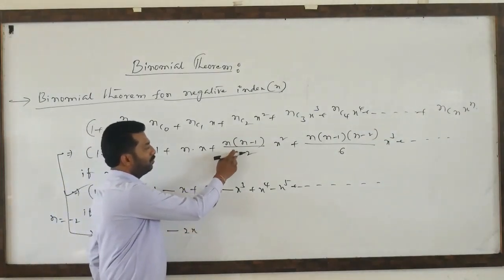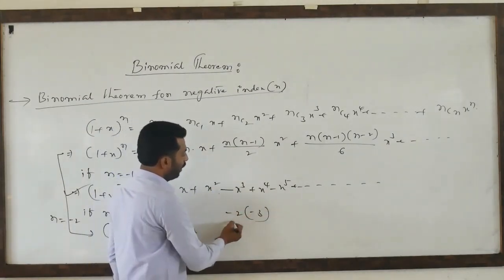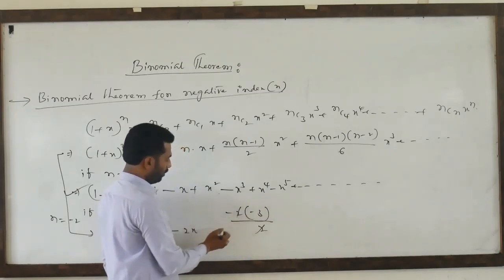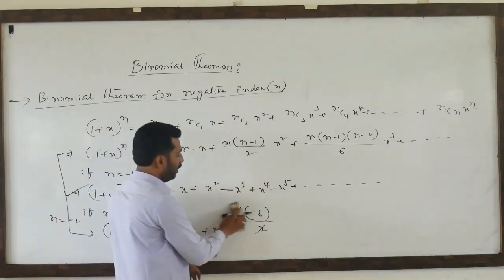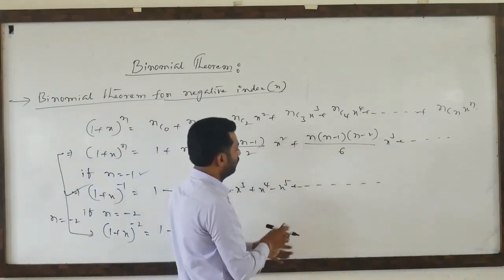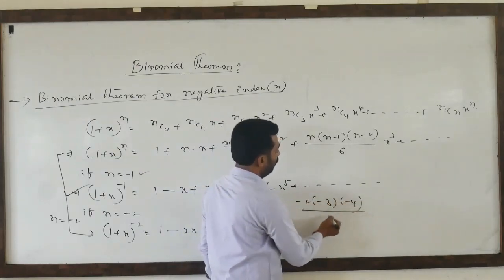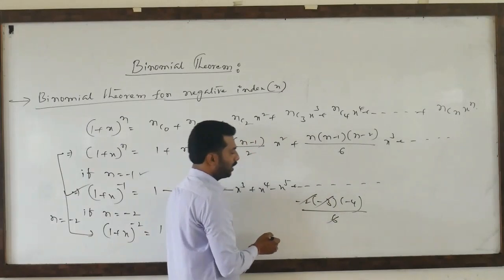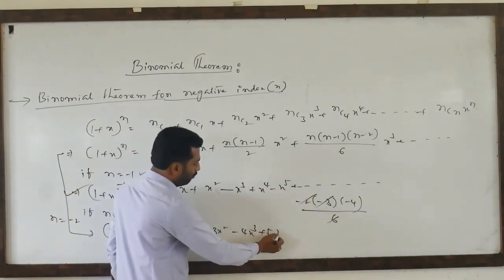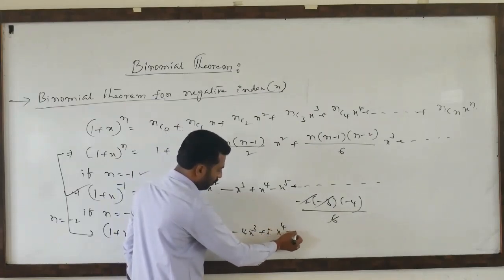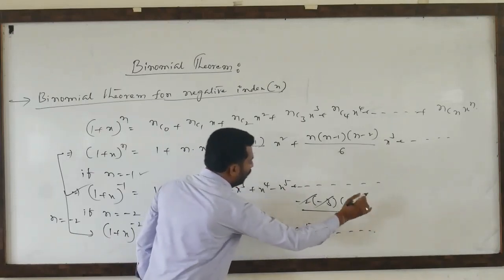Then minus 2 into minus 3 divided by 2, the 2s cancel, so this is plus 3x square. Next, substituting minus 2, minus 3, minus 4 divided by 6, both cancel. So this will be minus 4x cube plus 5x power of 4 minus 6x power of 5 and so on like this.